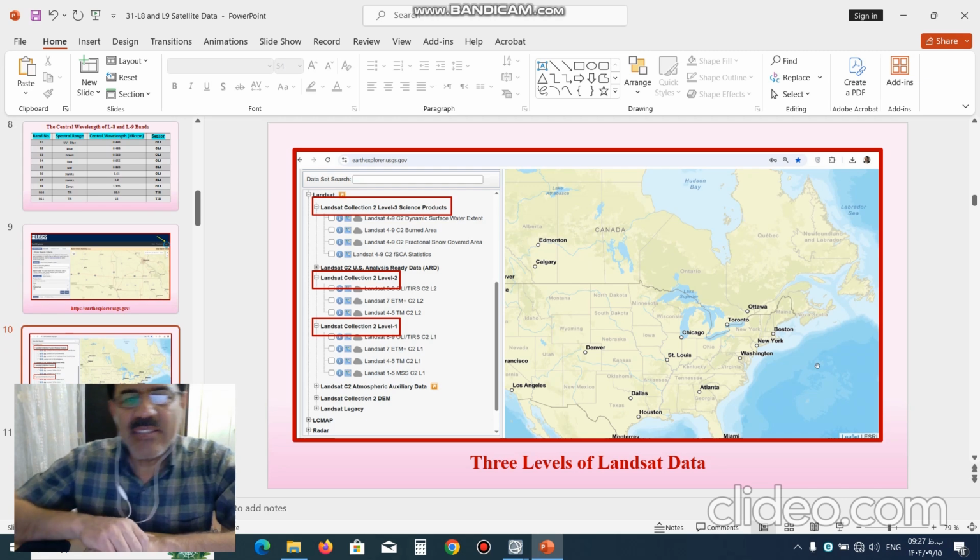But this slide is showing 3 levels of Landsat data.